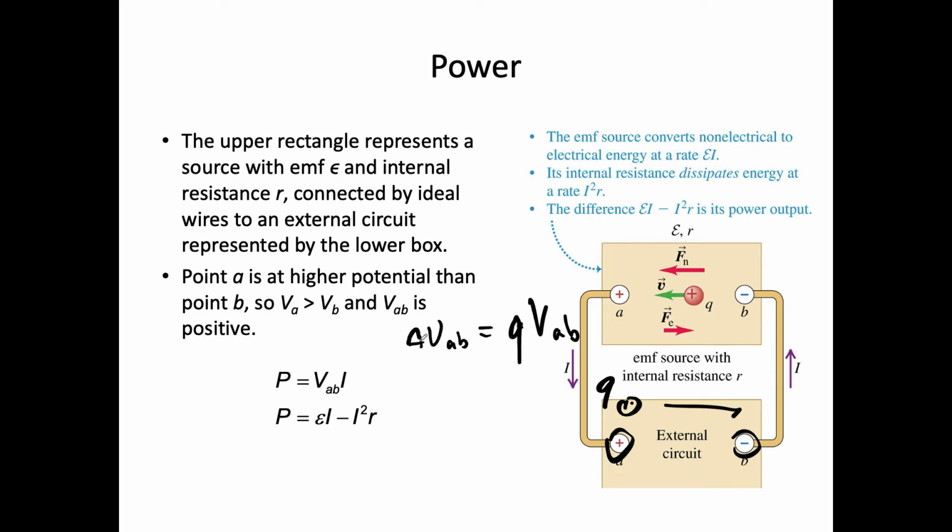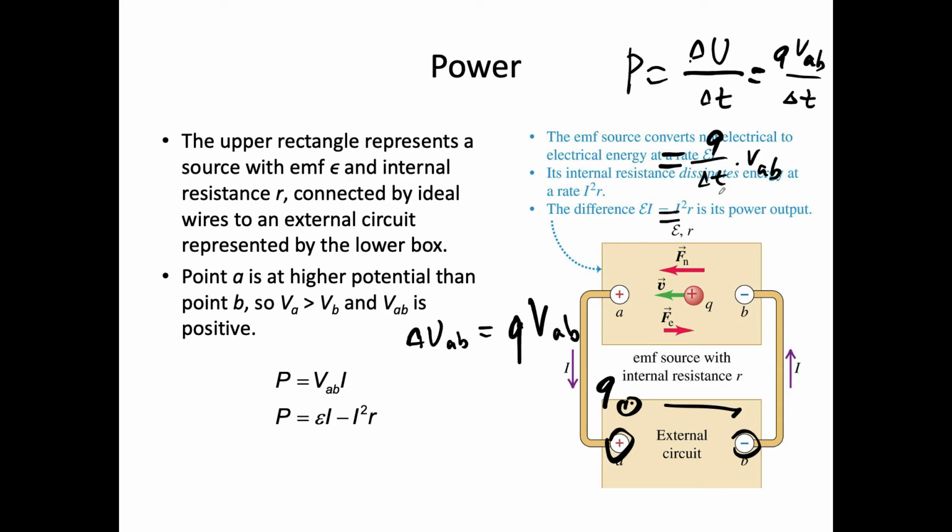So let's think, what is power? Power is defined as the change of potential energy, or work, divided by delta t. So you have Q V_AB divided by delta t here, and what is Q over delta t?